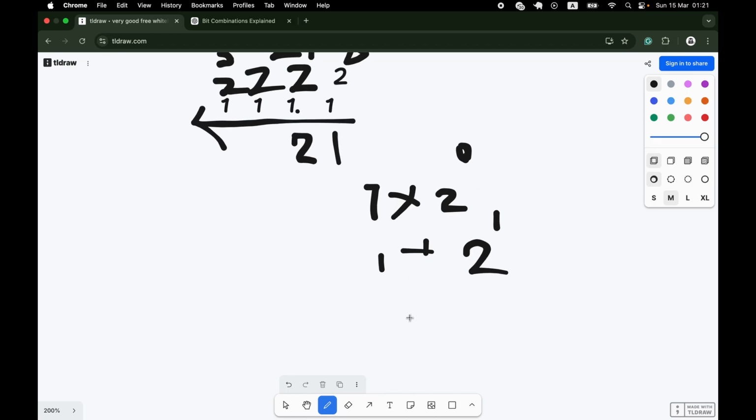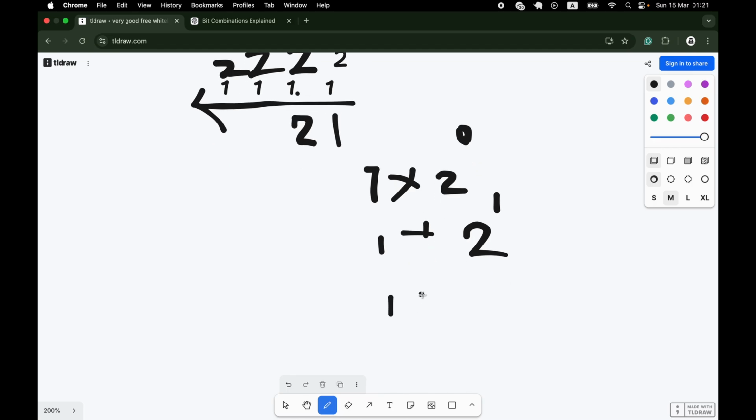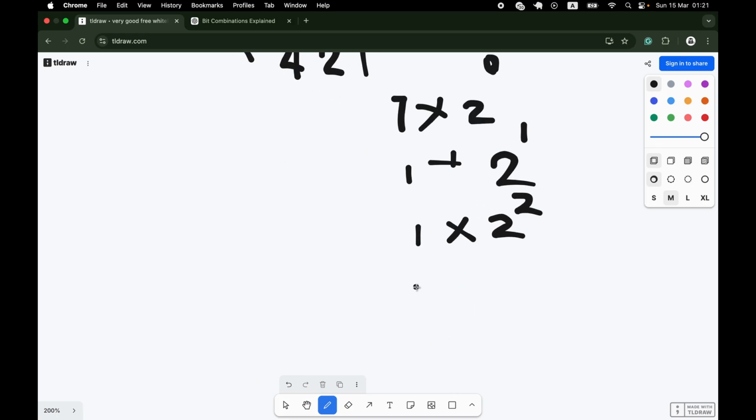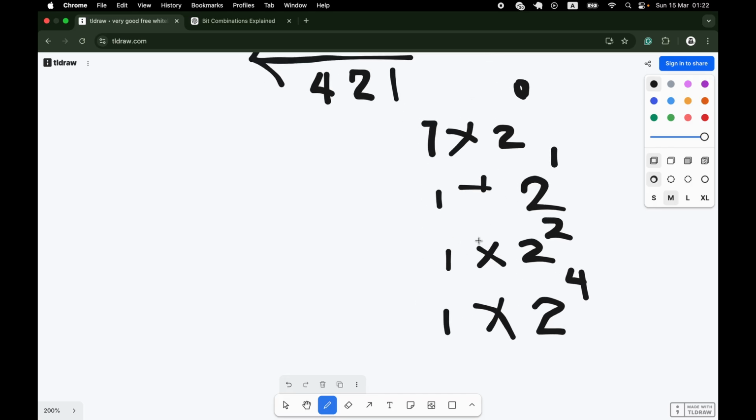So for the third one, 1 multiplies by 2 to the power 2, or 2 squared, right? So the value is gonna be 4. So for the fourth one, 1 multiplies by 2 to the power 3.